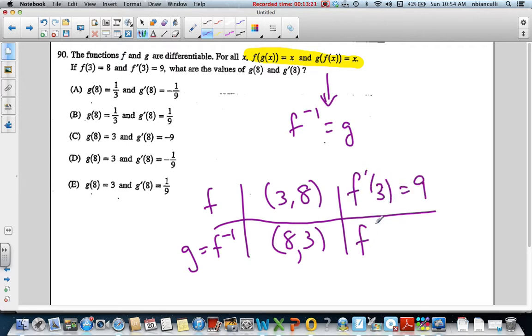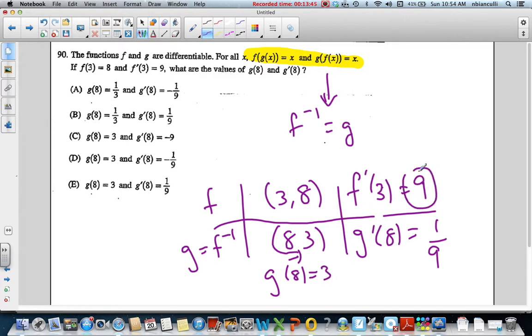And so g prime at 8, at the x value, is the reciprocal of f prime at 3. So g prime of 8 will be 1/9. So g of 8 will be 3, based on the point. g prime of 8 will be the reciprocal of this derivative.